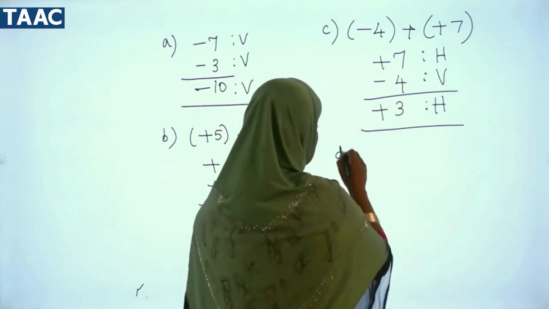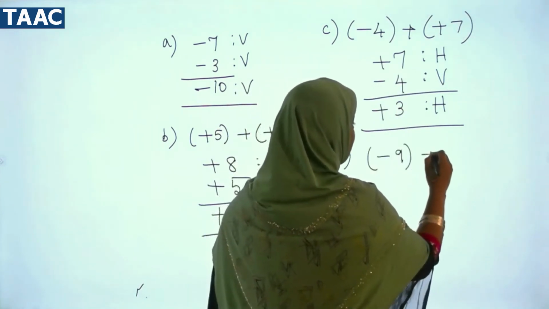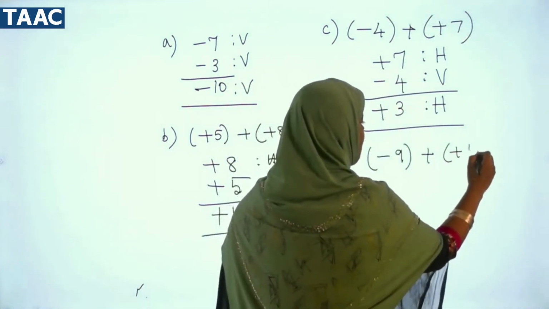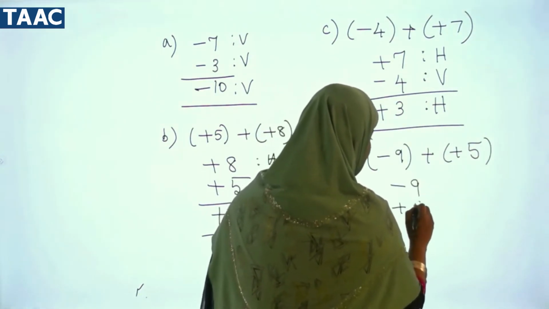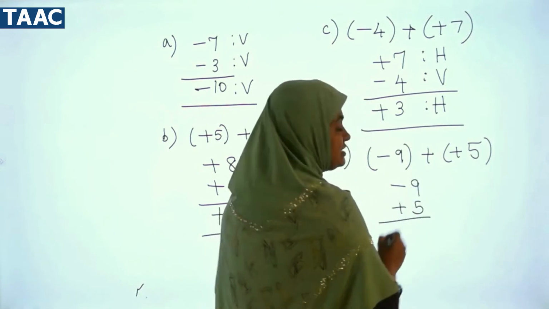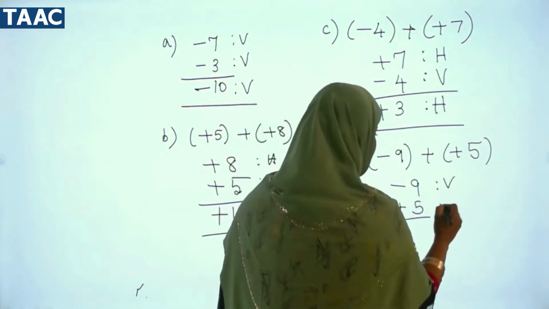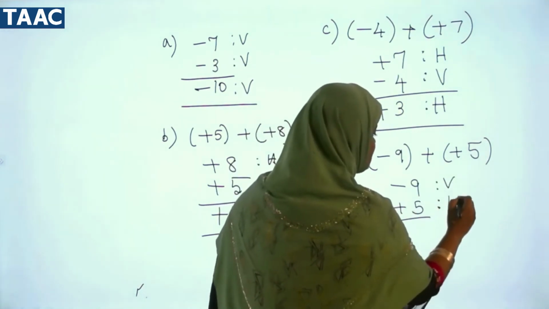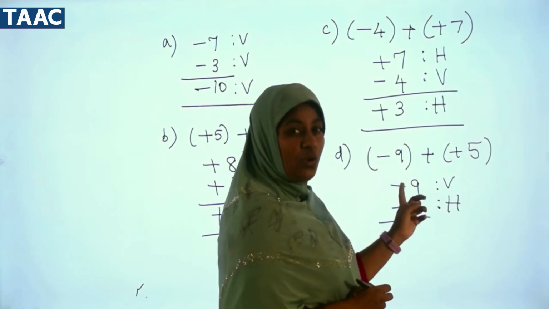Now for the last one, we have -9 plus 5. So write minus 9 first, and plus 5 next. 9 has a minus sign, so it is villain, and positive sign means it is hero. Who is greater? Villains are more.